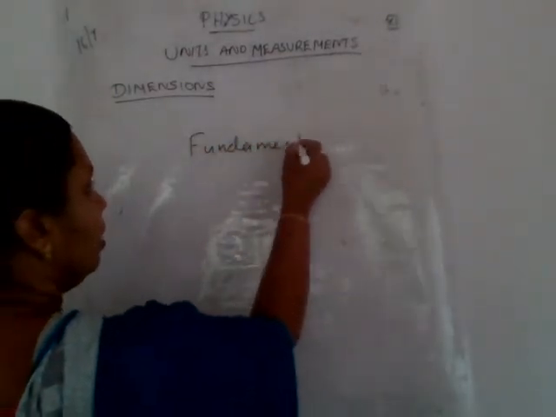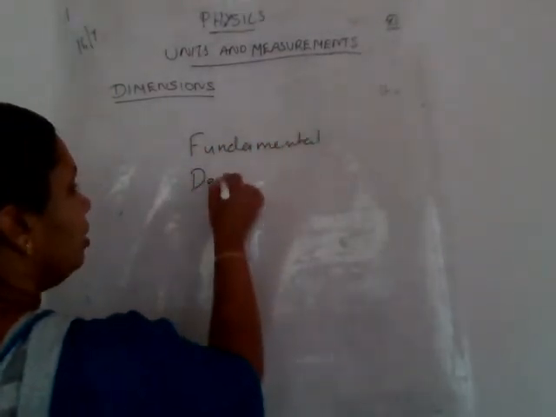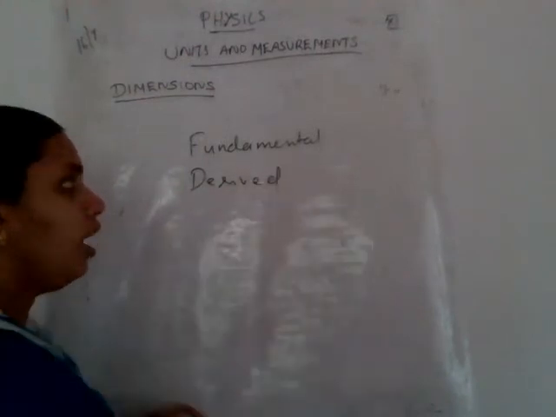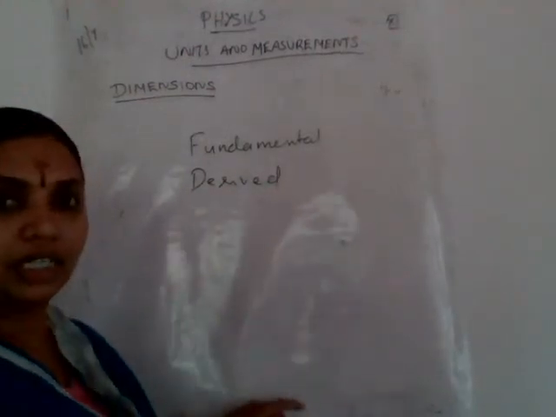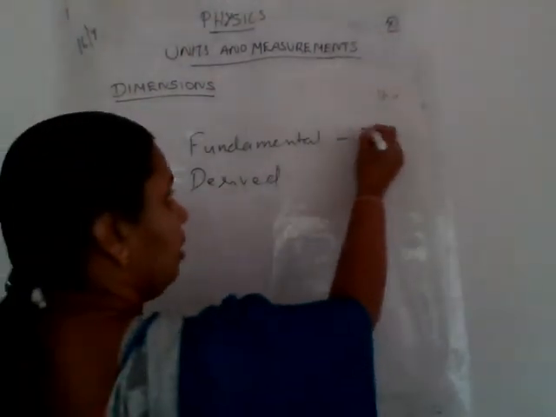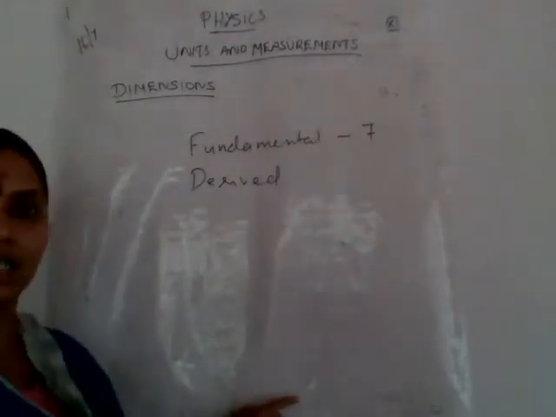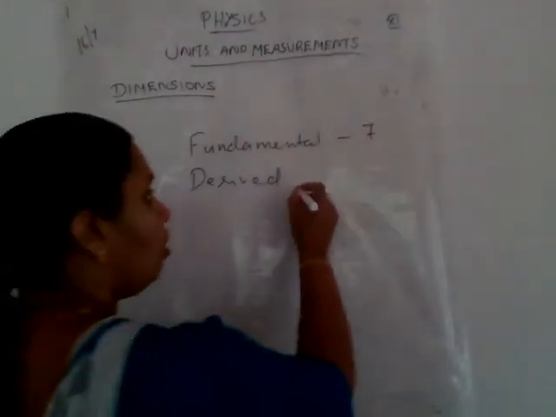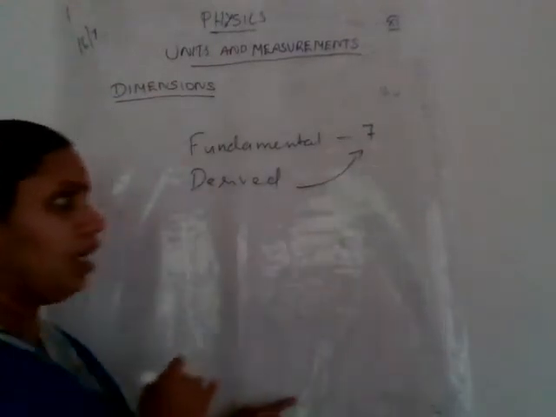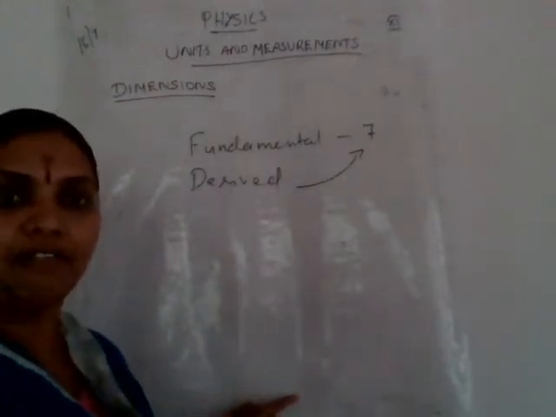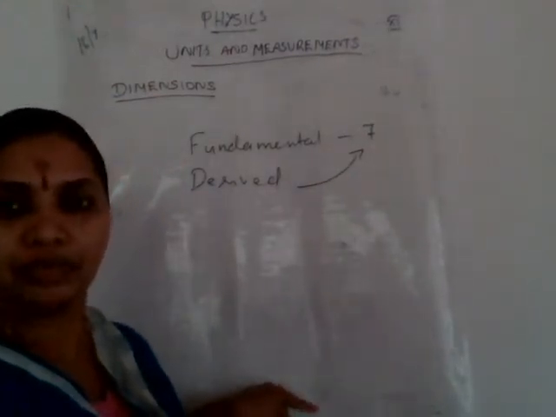Fundamental and derived quantities. And how many fundamental quantities are there? There are 7 fundamental quantities, and we know that all the derived quantities come from these 7 fundamental quantities.